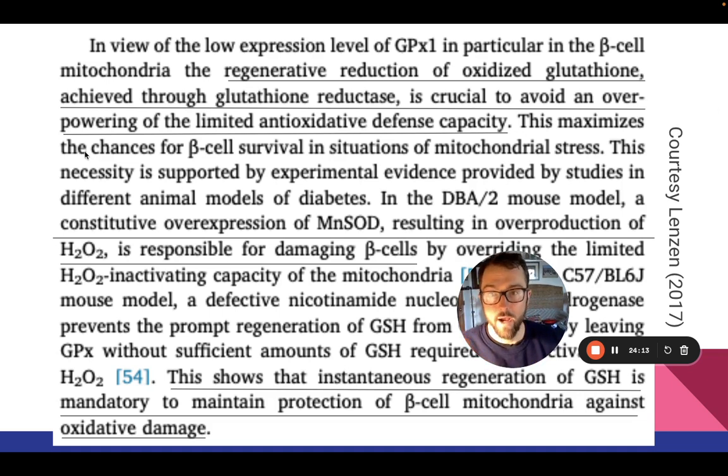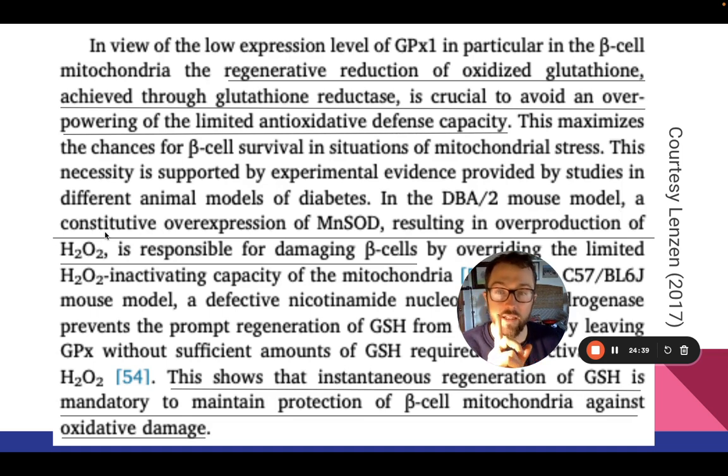So this maximizes the chances for beta cell survival in situations of mitochondrial stress. Mitochondrial stress just means more ROS that needs to be handled by the glutathione. This necessity is supported by experimental evidence provided by studies in different animal models of diabetes. So this DBA2 mouse model is a particular breed of diabetic mice.